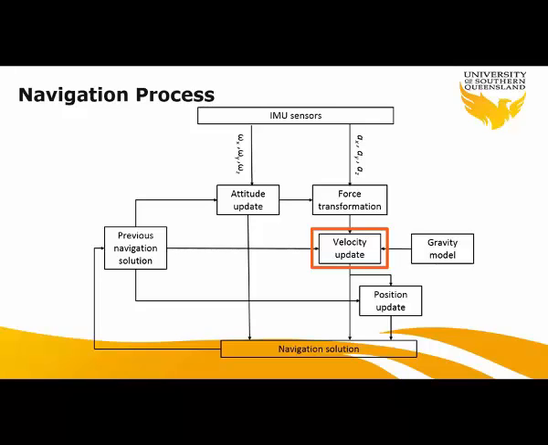But finding that acceleration due to gravity is not easy, as we know from geodetic surveying. It's going to change with the elevation and location on the earth. At this stage, we can incorporate a gravity model to make this correction of the acceleration measurement due to gravity.